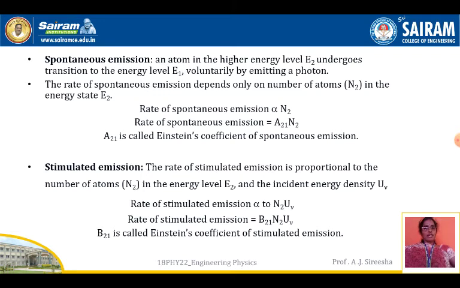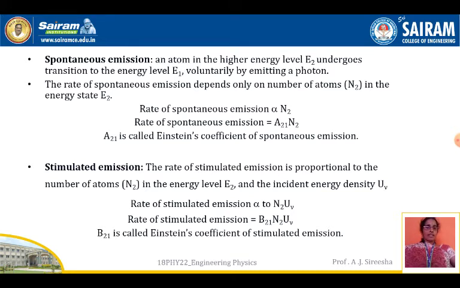Now, the rate of spontaneous emission depends only on the number of atoms N2 in the energy state E2. The rate of spontaneous emission is directly proportional to N2, which indicates that more spontaneous emission will take place if there are more atoms in the energy state E2. More N2 means more spontaneous emissions.